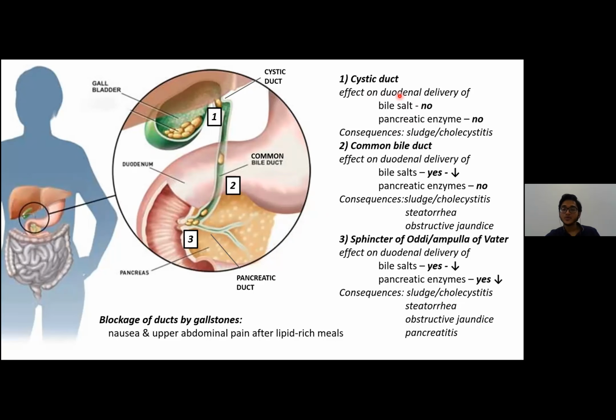So the effect on duodenal delivery of bile salt is none. It doesn't affect duodenal delivery of bile because the liver duct is okay. It's just that the outflow tract of the gallbladder is obstructed. So the gallbladder opening is obstructed, but the liver duct is okay. The pancreatic duct is fine. There are no gallstones here in number 1.